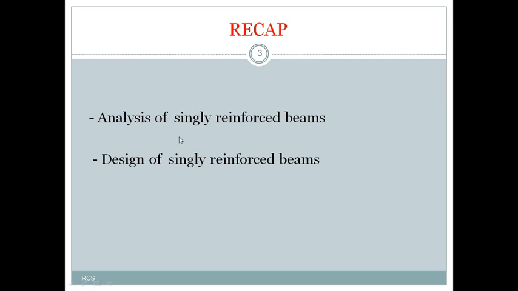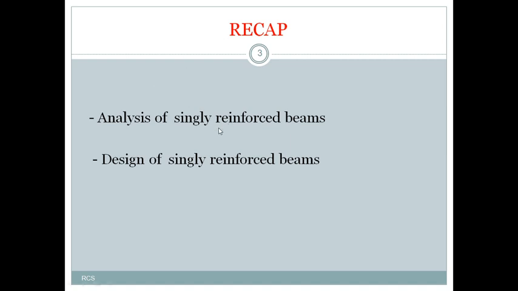How to calculate this moment resisting capacity? First of all, we have to find out the total compressive force acting in the compression zone and the total tensile force acting in the tension zone. Then we have to keep that beam in equilibrium, so we equate total compressive force to total tensile force. From that we can calculate the depth of neutral axis.